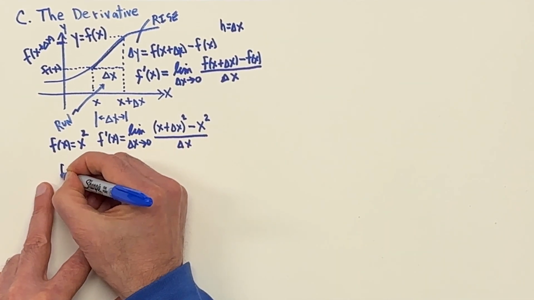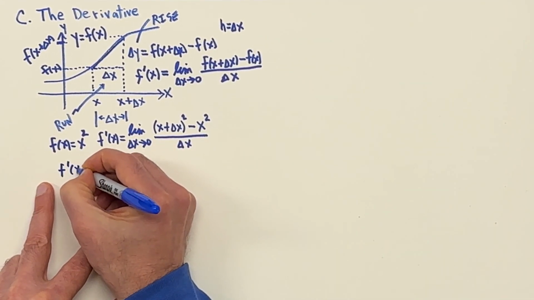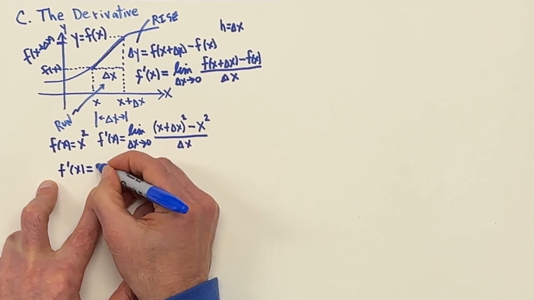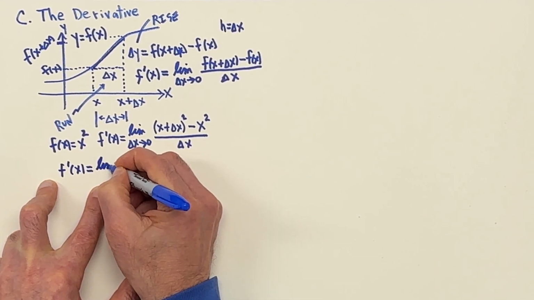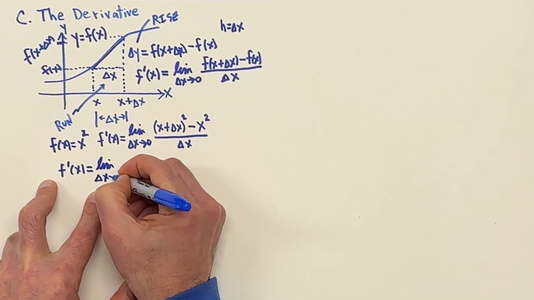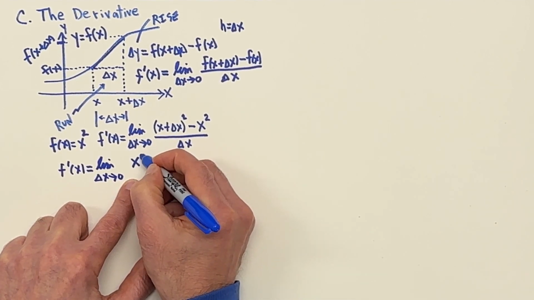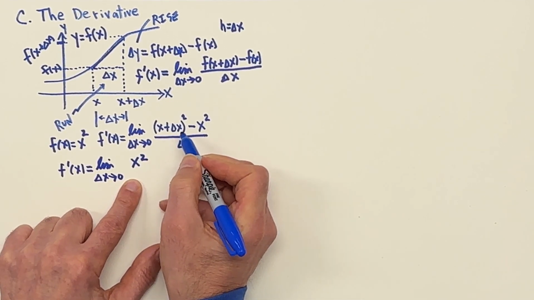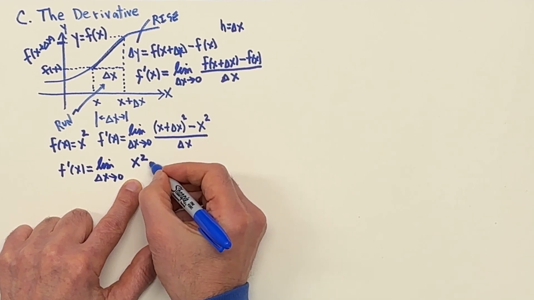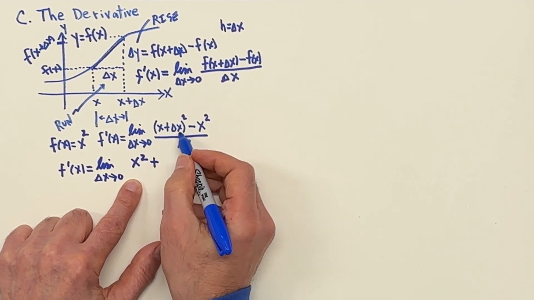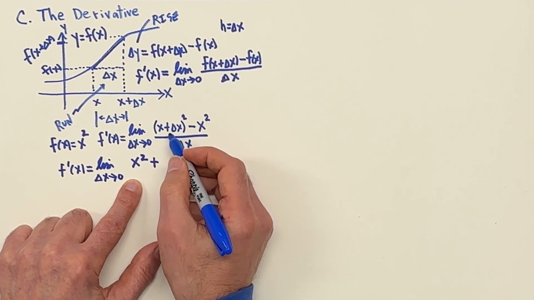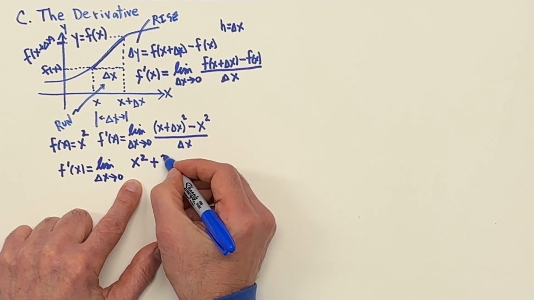All right, so for f prime, we're going to write down our limit as delta x goes to 0, and now we're going to work out the top. Remember how we work out a binomial square. You square the first one, and then it's plus 2 times the product. That's the cross term.